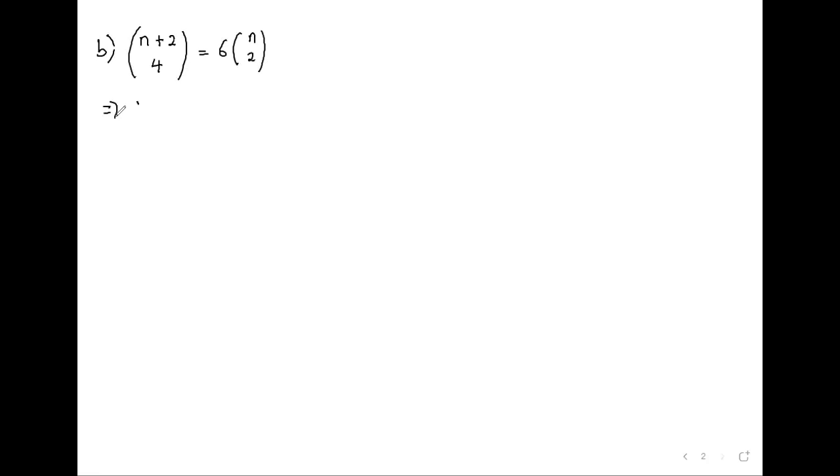On the left, you have n plus 2 factorial over 4 factorial times n plus 2 minus 4 factorial, is equal to 6. And then we expand, that is n factorial over 2 factorial times n minus 2 factorial, like that.